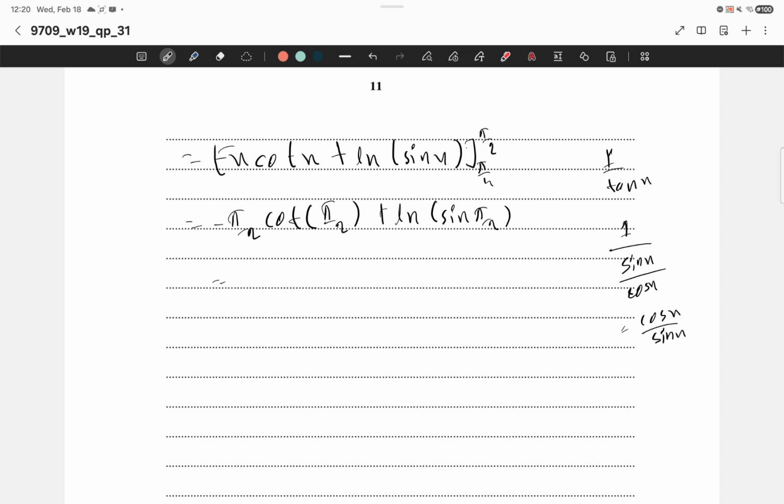So what we need to do in the calculator is cos pi by 2 divided by sin pi by 2. Wait, what? Did I miss something? Let me just do it.